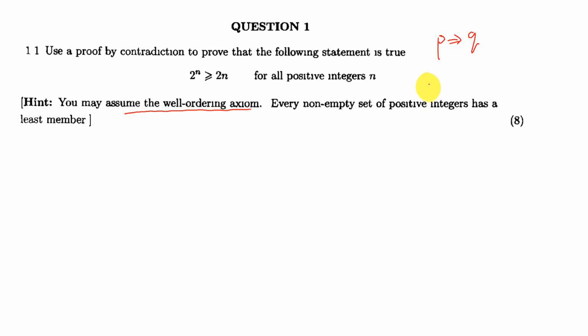Assume that P is true and Q is false, and arrive at a conclusion.